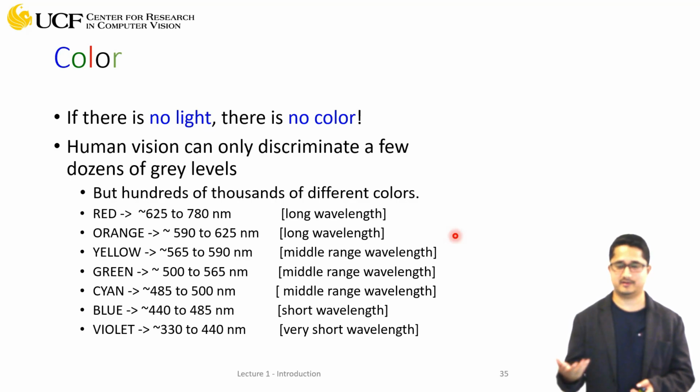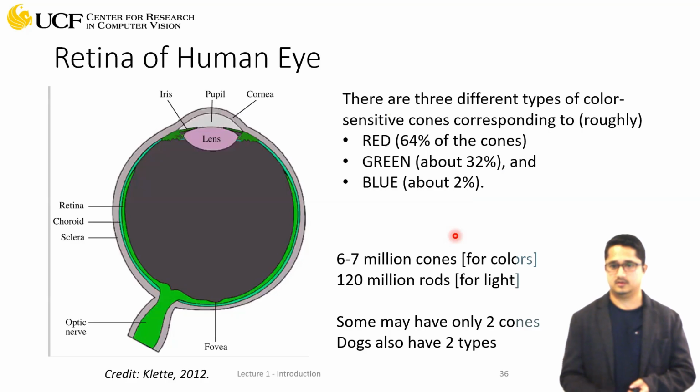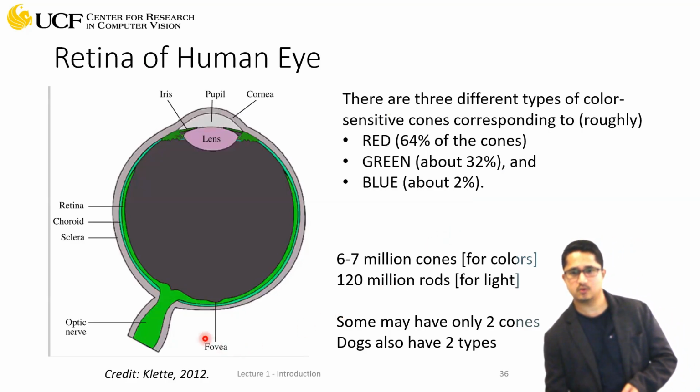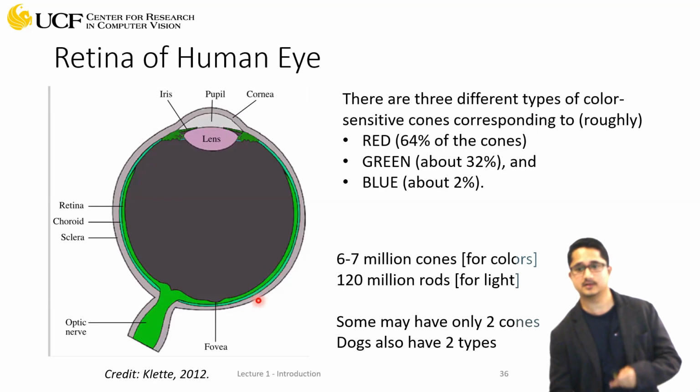All of that is credit to the cones we have in our fovea. These cones are located right over here. When light falls there, depending on the wavelength, the cones respond. We have different cones for different colors. For example, for red we have almost 64%, green 32%, and blue only about 2% of cones.